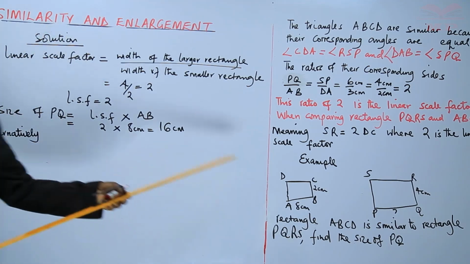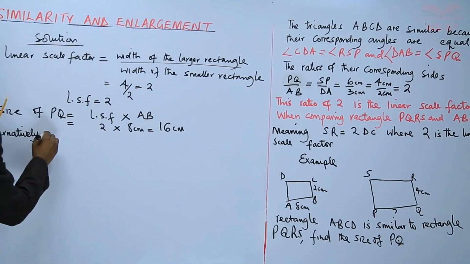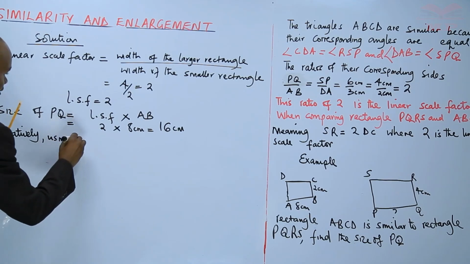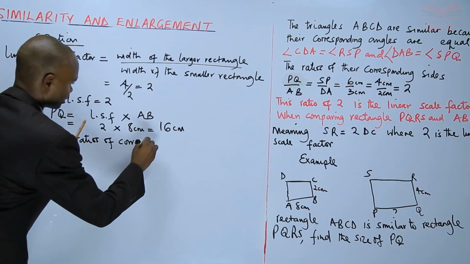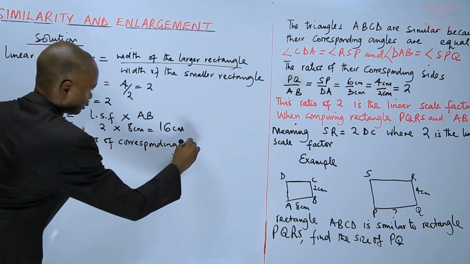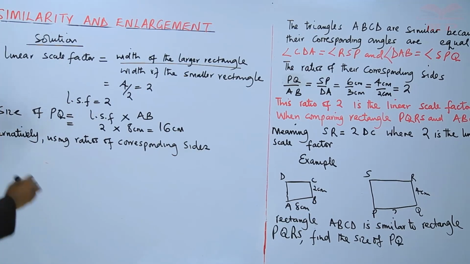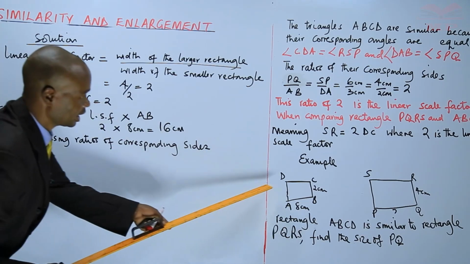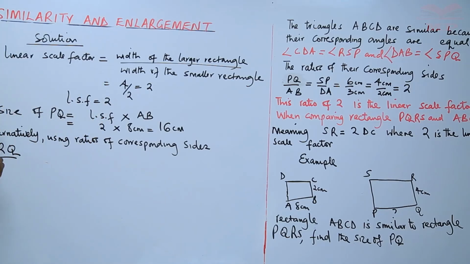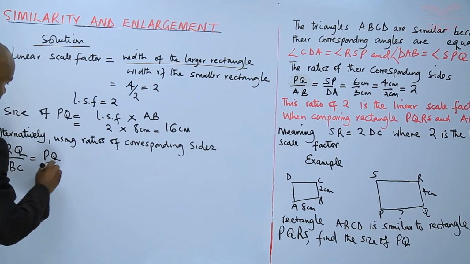Alternatively, one would go to the ratios of corresponding sides. One would simply say RQ divided by BC should give you PQ over AB.